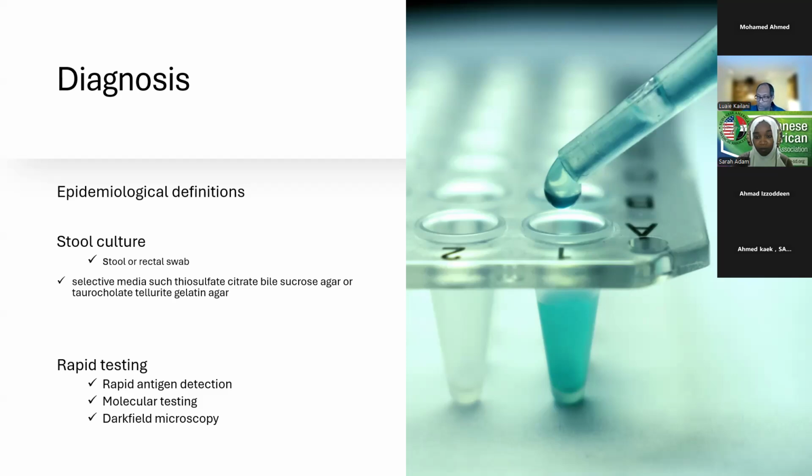If the patient comes with bloody diarrhea, that is probably not cholera. That's probably other things, because the common denominator in all these outbreaks is access to water and sanitation, so it can cause other things. Just be careful about that.